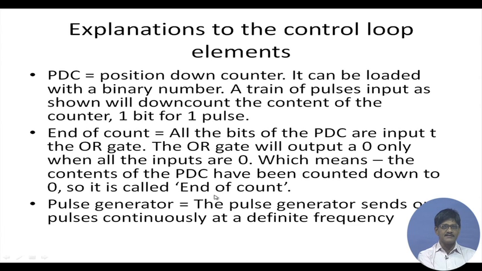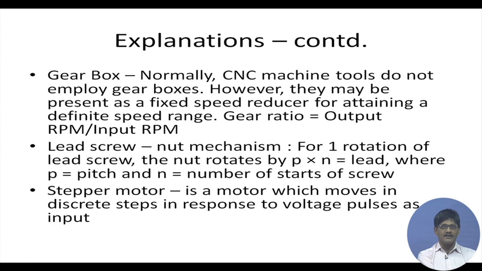Pulse generator is a device which sends out pulses continuously at a definite frequency. Gearbox is basically, in this case, simply a speed reducing mechanism at a definite ratio. Gear ratio, in this case, we will read it this way: output RPM by input RPM is equal to gear ratio. The lead screw nut mechanism, which has been shown here, converts rotatory motion to straight line motion at a definite ratio.